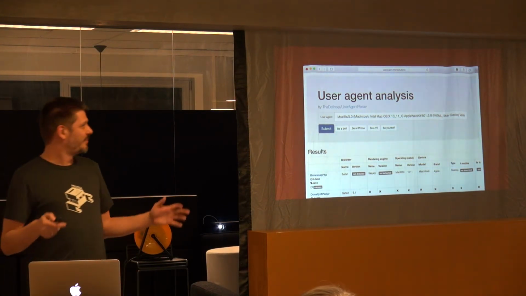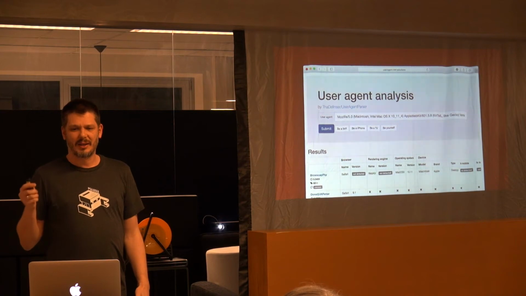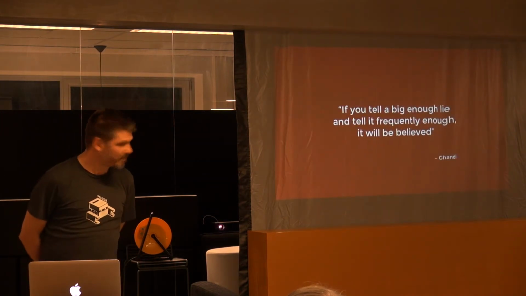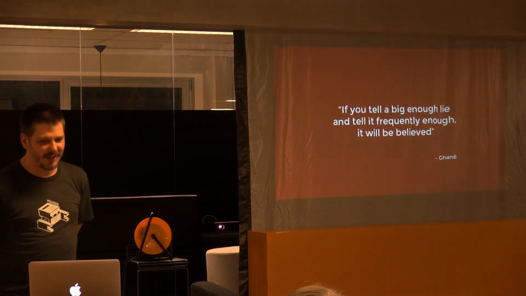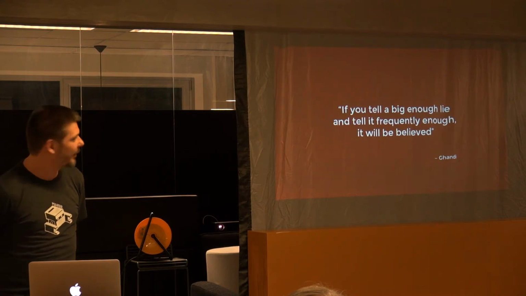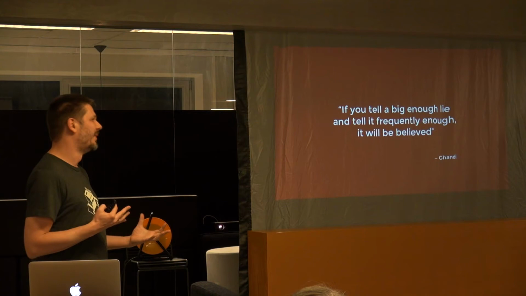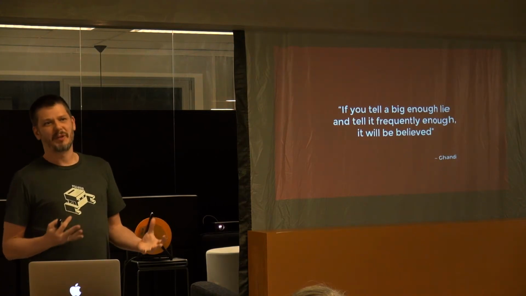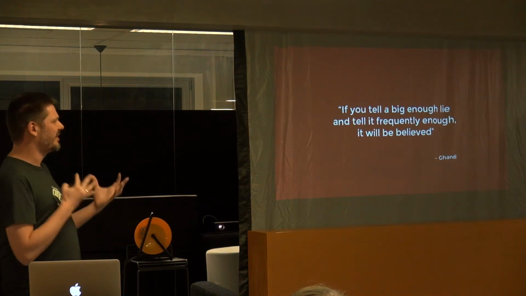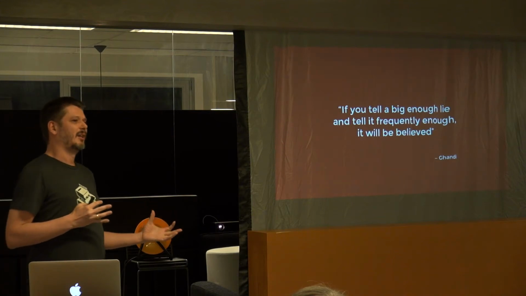So I want to leave you with a quote from Gandhi. If you tell a big enough lie and tell it frequently enough, it will be believed. And this is actually a big problem for web developers because these little lies have effects.